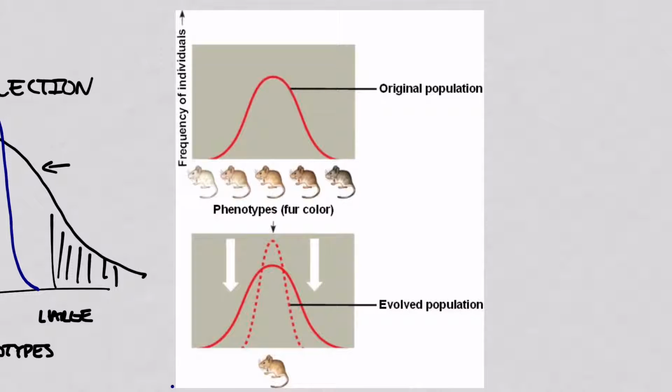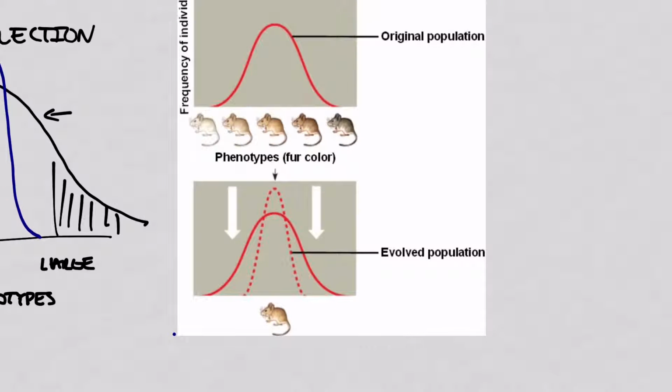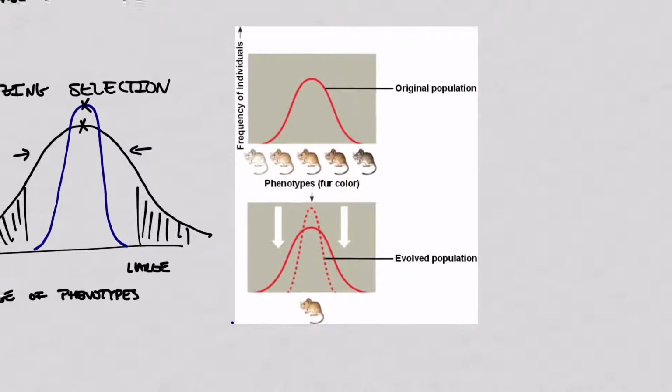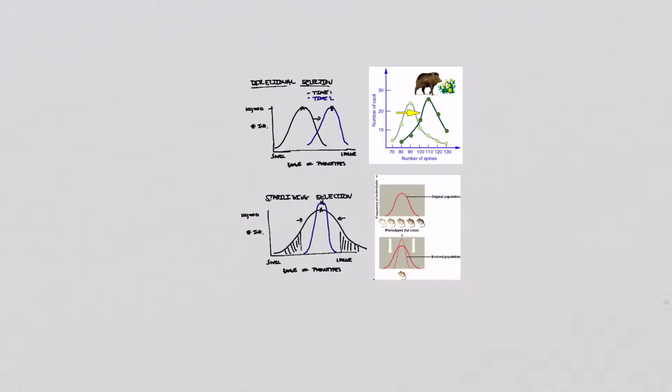This potentially means that the mice that are really white and the mice that are really dark stick out on this kind of golden colored sand, and only the mice that are this golden sandy color survive the best, and so therefore they reproduce the best in this environment. So this is when we would start to see something like stabilizing selection occur. Okay, so that's 2 of the 4.